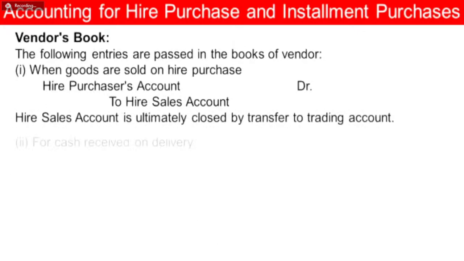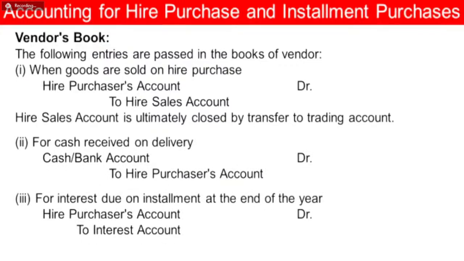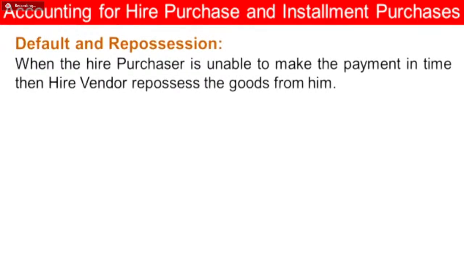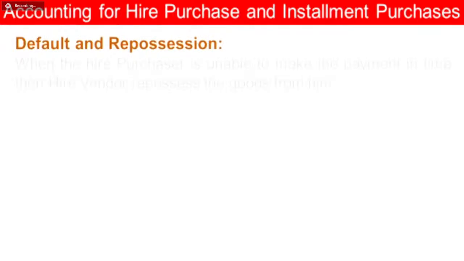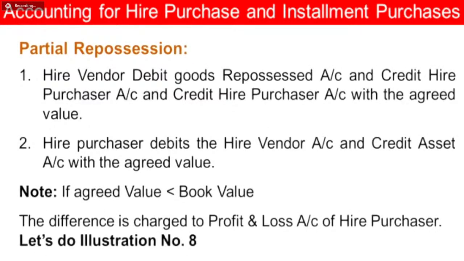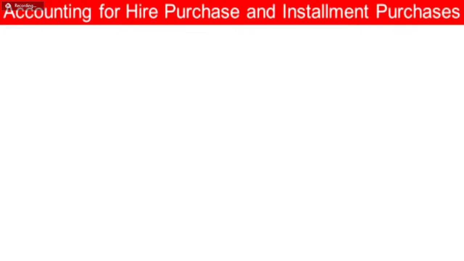Then how to pass journal entries in vendor's books. And then we will go through some illustrations and advanced topics, which are also very important from the examination point of view. Normally this type of questions comes into the exam. So all that we will do today.